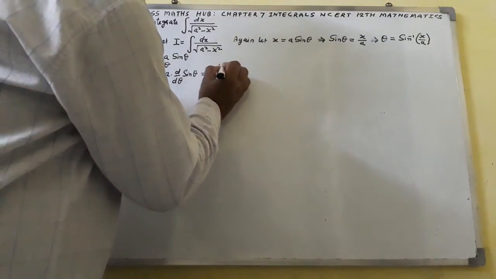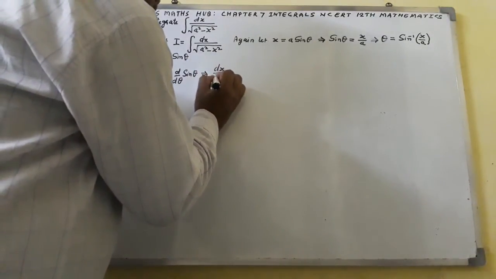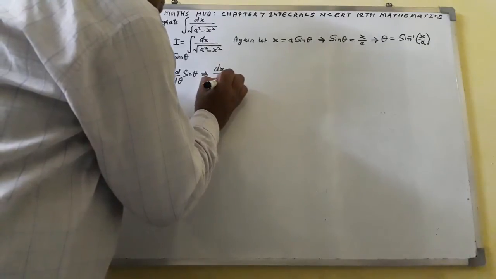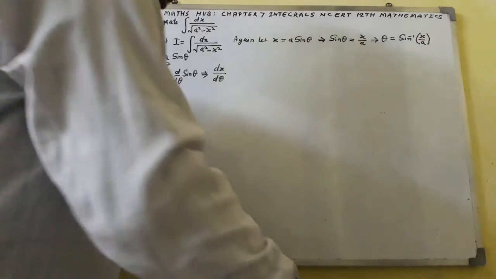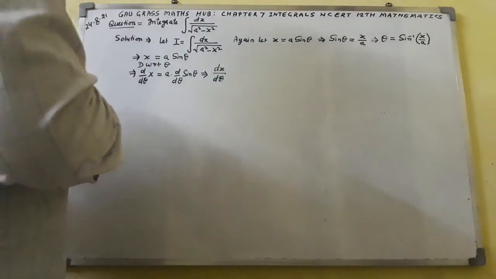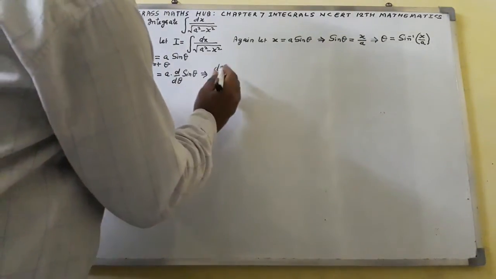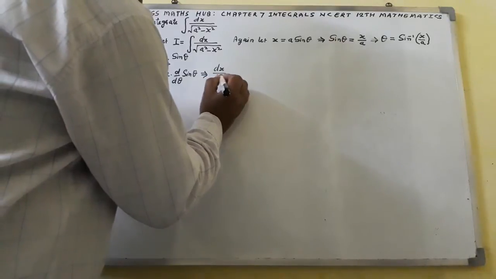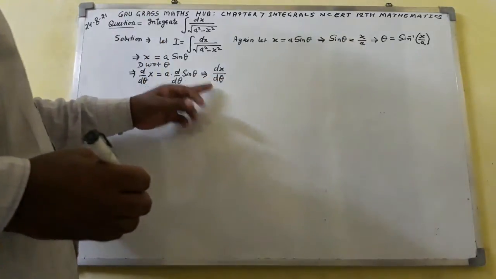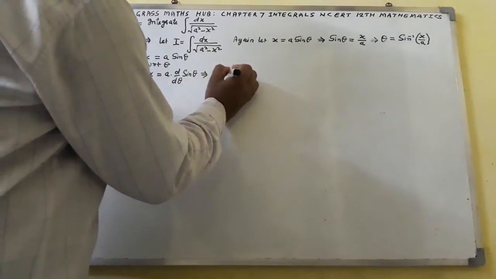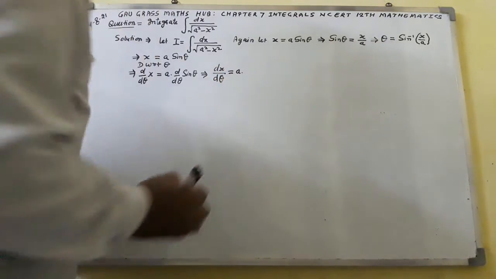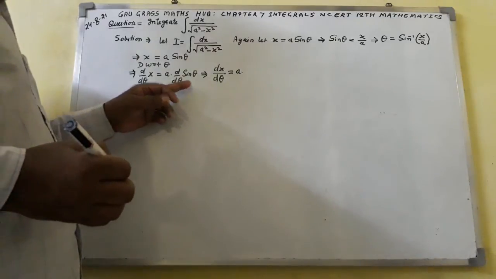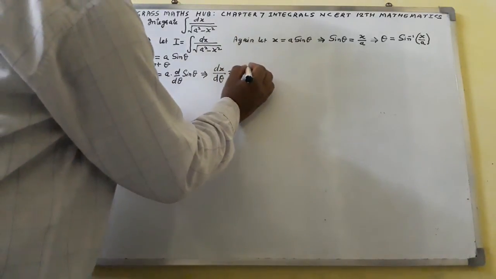So dx over d theta equals a dot d over d theta of sin theta, which comes out to be cos theta.